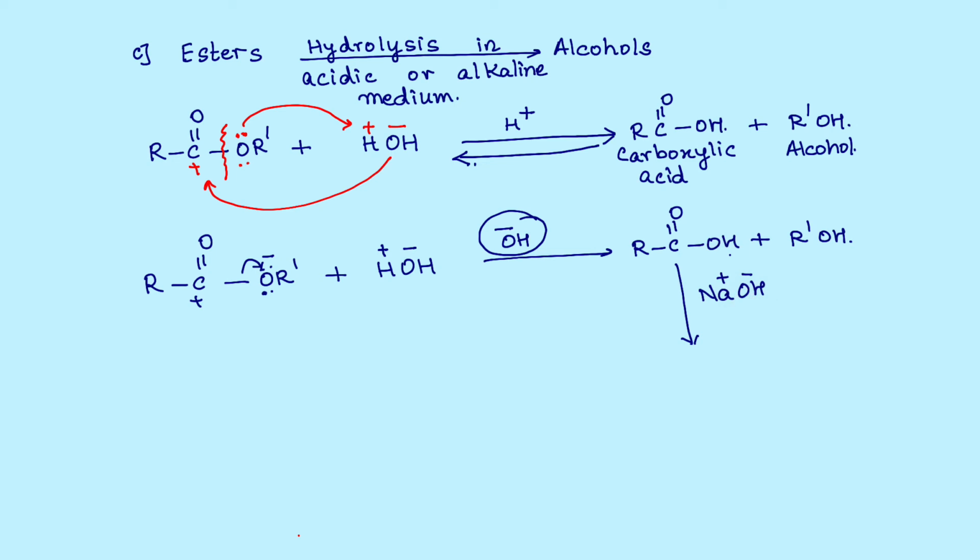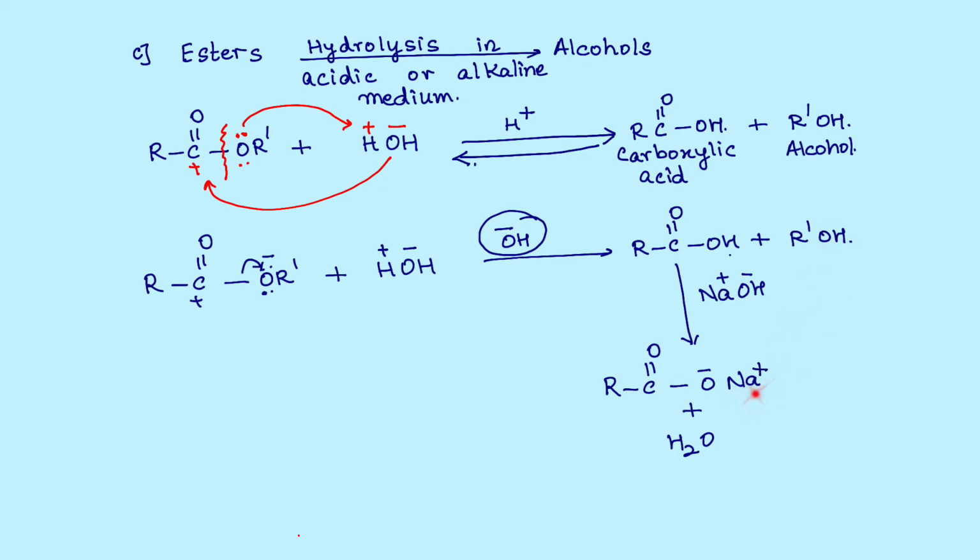So that is where the chain breaks down and RCOO negative Na positive, water is formed over here. In other words, now we don't have carboxylic acid, it has immediately reacted with the base, so we are getting the sodium salt of the carboxylic acid and alcohol. That is what we wanted to produce.